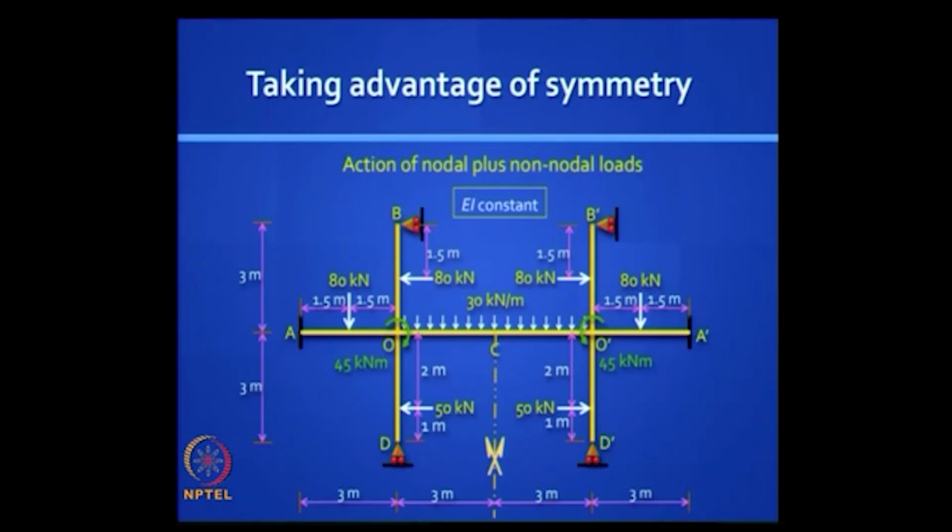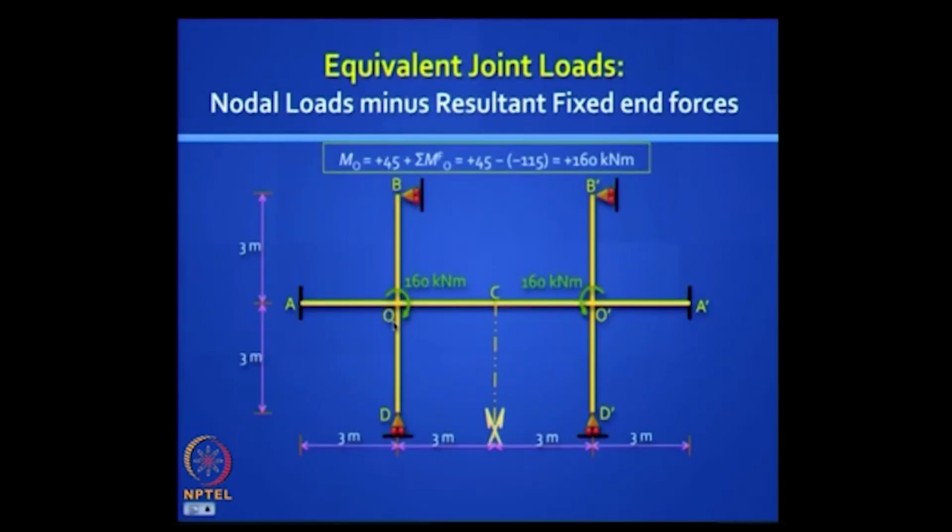The only change is you have an additional concentrated moment 45 which you have to add, and when you add 45 and 115, because this you have to put negative sign, you get 160, and this we have done in an earlier class, and you can solve the problem.